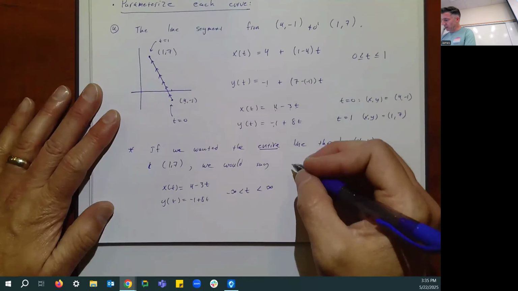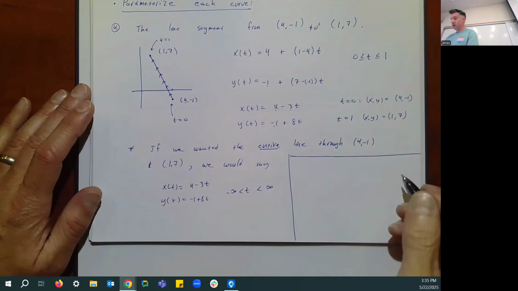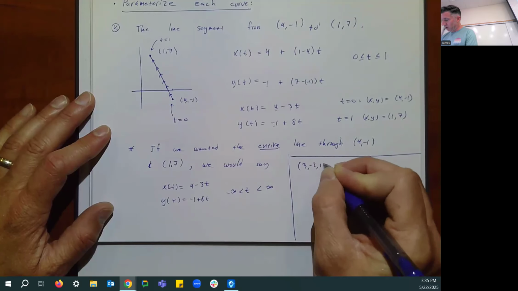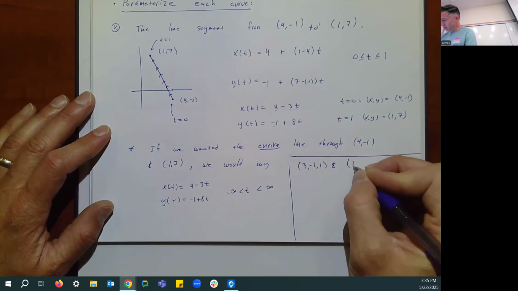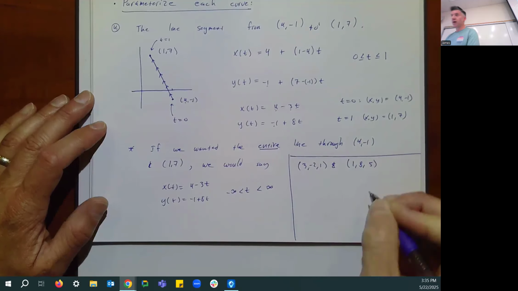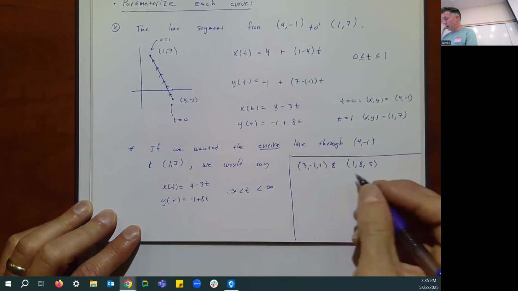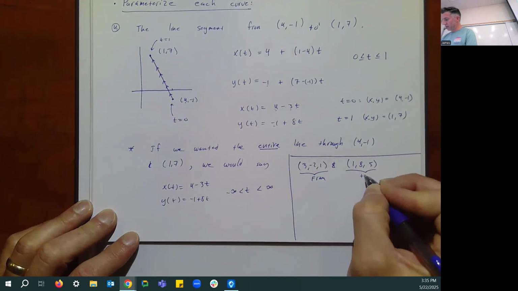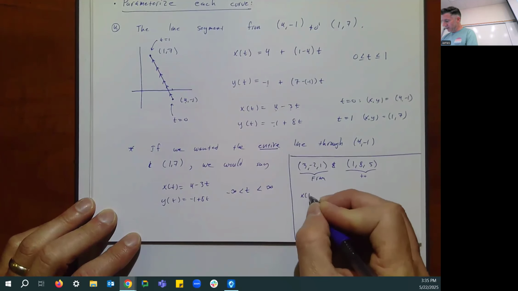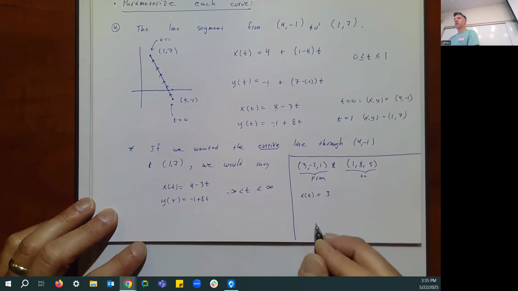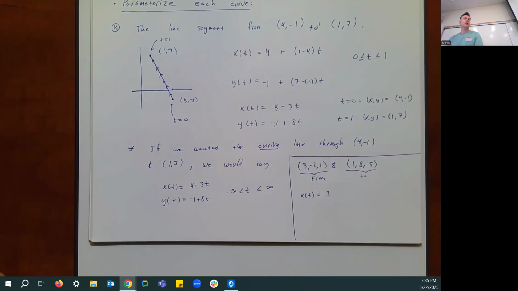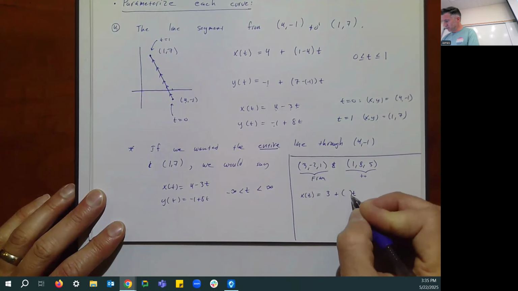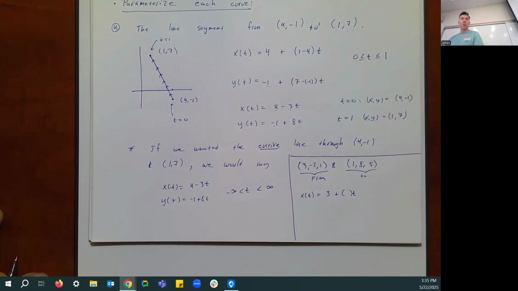So just as a quick aside here, if I wanted to get the line segment from the point 3, negative 2, 1 to the point 1, 8, 5, I would say that x of t is 3 plus how much times t? What do I want to multiply t by in this case, if I'm trying to get from 3 to 1?